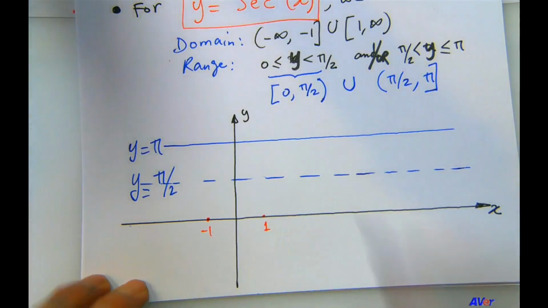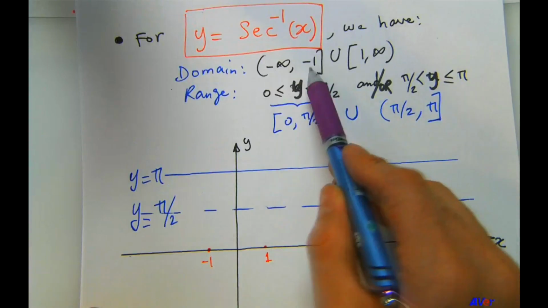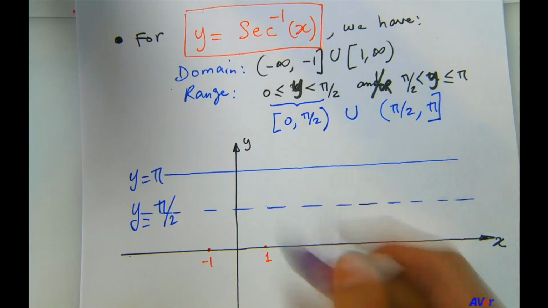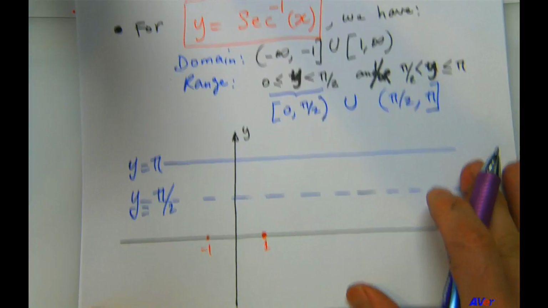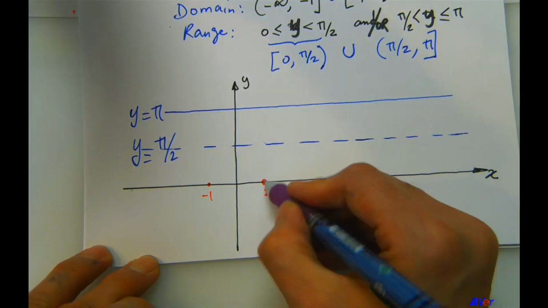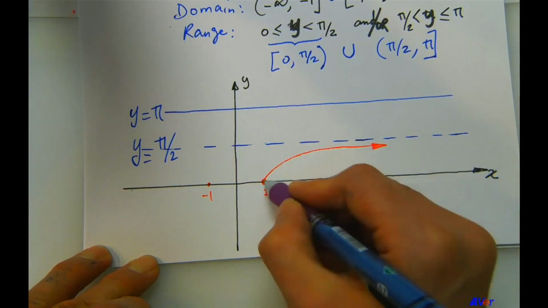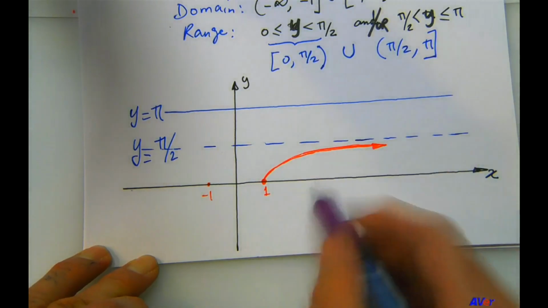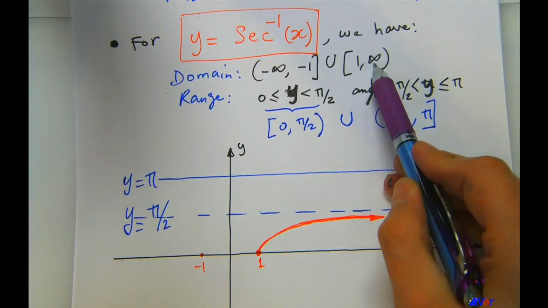So that's negative infinity to -1, and 1 to infinity. Okay, so this piece of the inverse function moves in this direction, like that. That's for domain 1 to positive infinity.